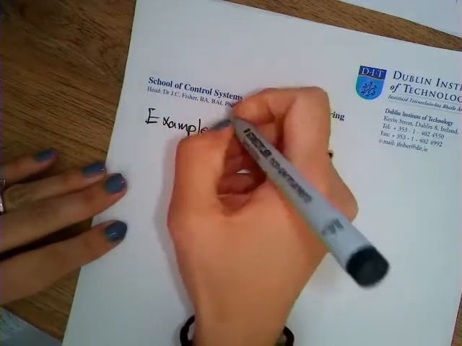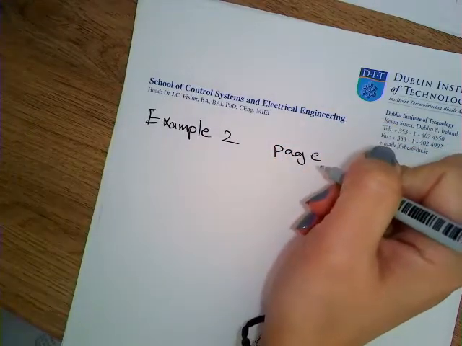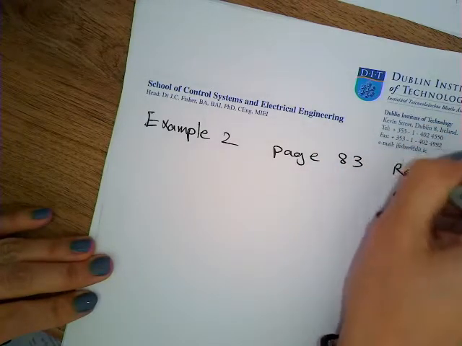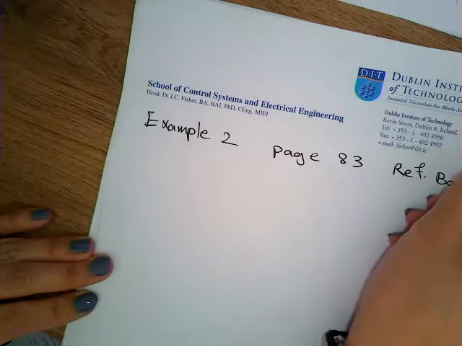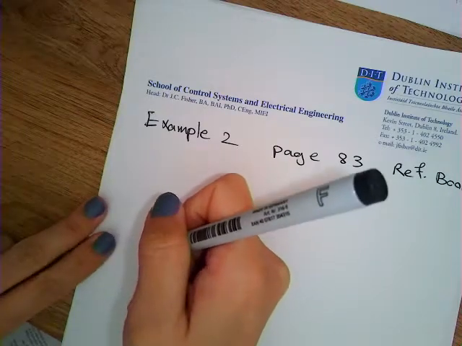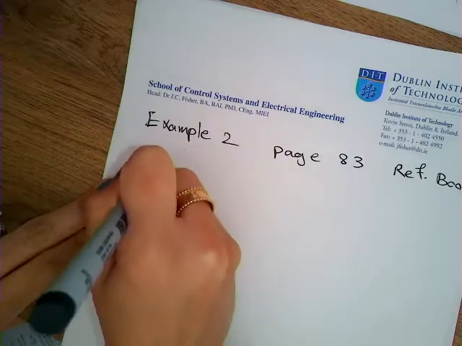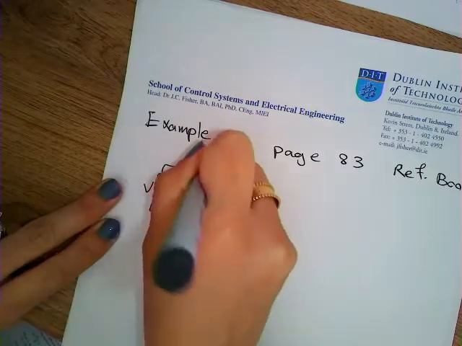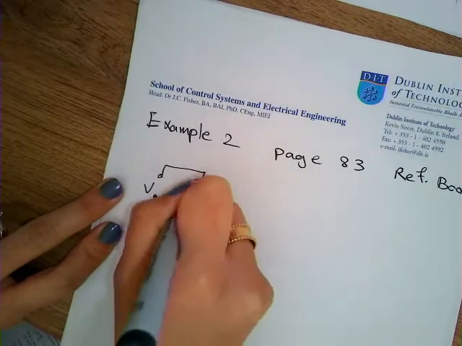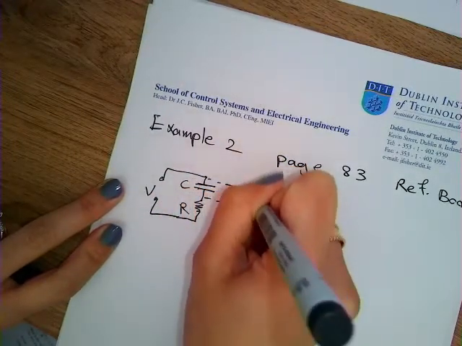So this is example 2, page 83 of the reference book. I'm just reading over the example. An electrical system, resistance in series with a capacitor. So I have my input voltage, and I have my capacitor, and then I have my resistor. This is my resistor and this is my capacitor, and I am assuming that is my output.